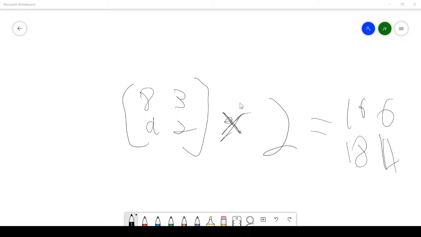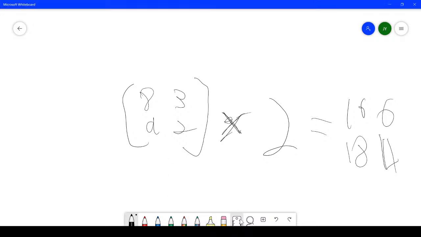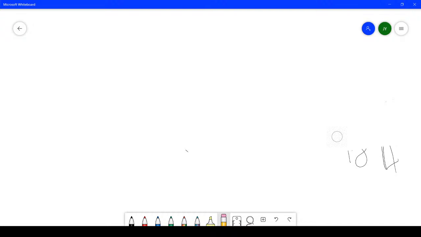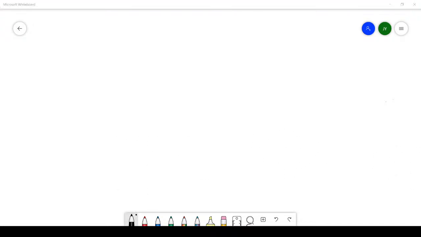Now, where it gets complicated is when you start having to multiply matrices by matrices. So what you do here is essentially, do you know what's the term for it?